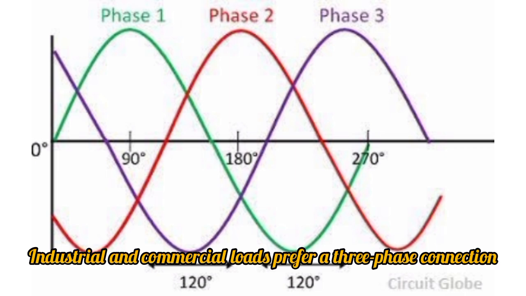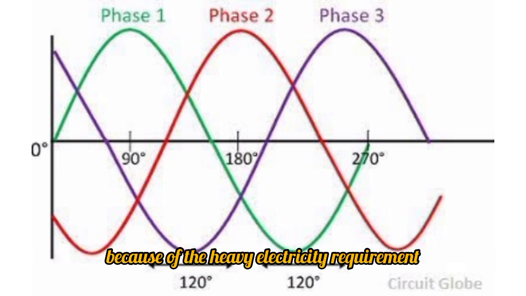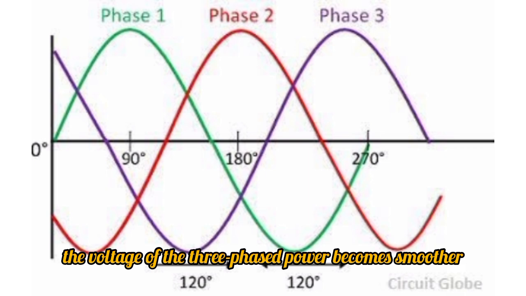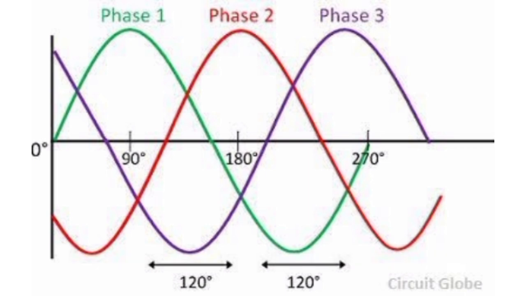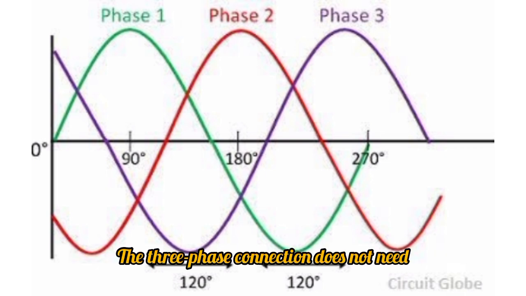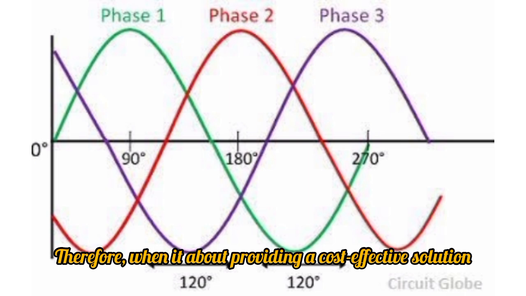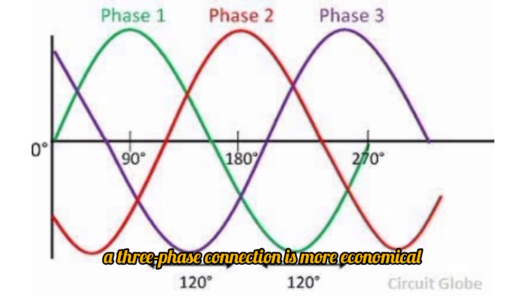Industrial and commercial loads prefer a 3-phase connection because of the heavy electricity requirement. When the number of phases increases in the supply system, the voltage of the 3-phase power becomes smoother. The 3-phase connection does not need conducting materials in excess to transmit electrical power. Therefore, when it comes to providing a cost-effective solution, a 3-phase connection is more economical.